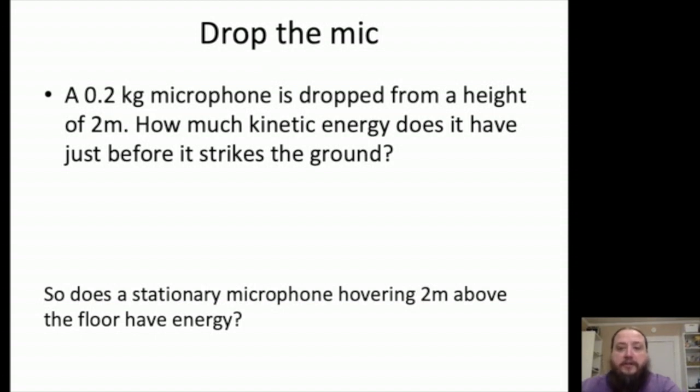So we introduced this concept with the idea of this problem where we're dropping a microphone from a height of 2 meters, and we asked the question: how much kinetic energy does it generate as it falls from 2 meters above the ground to just the instant before it hits the ground?